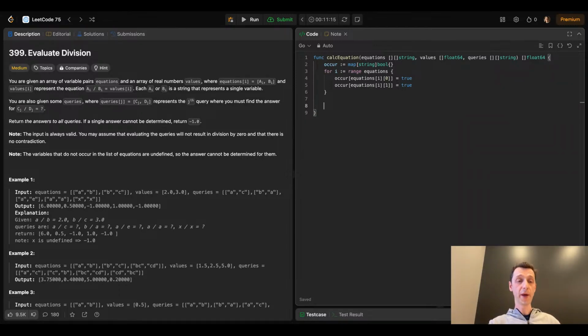Now, how do we actually evaluate these equations? Do I remember anything from the math courses?